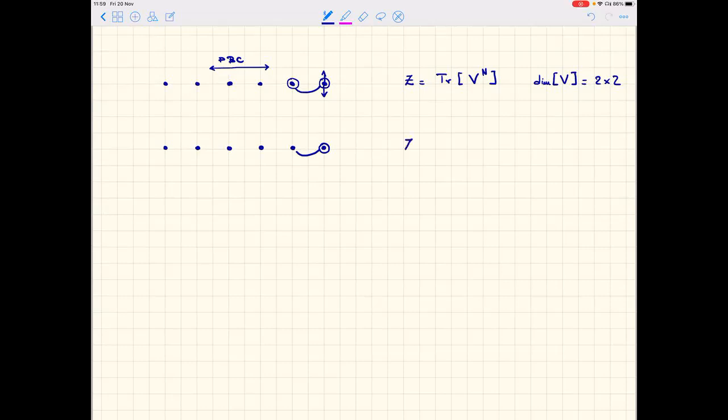So I will still be able to write the partition function as the trace of V to the power n, but the dimension of my matrix V now is going to be q by q. Okay?